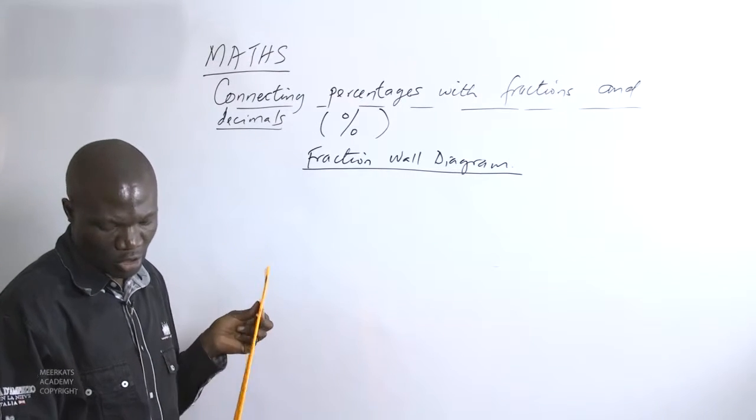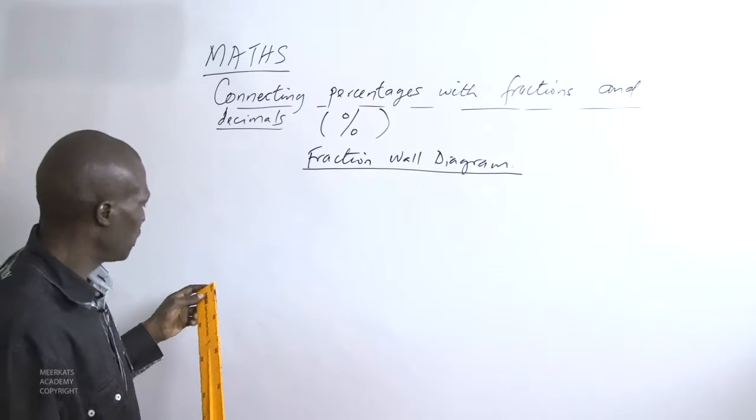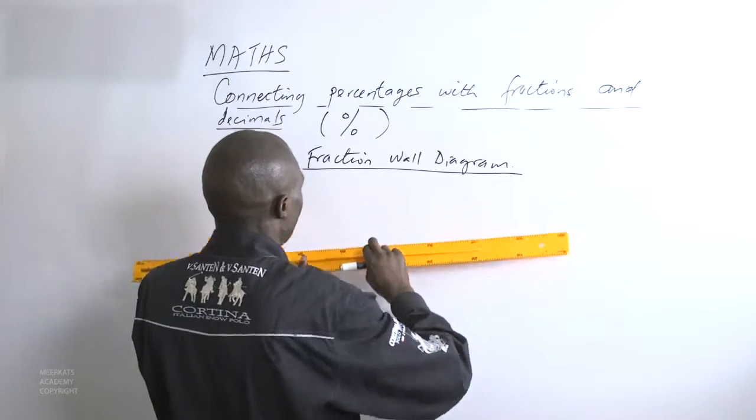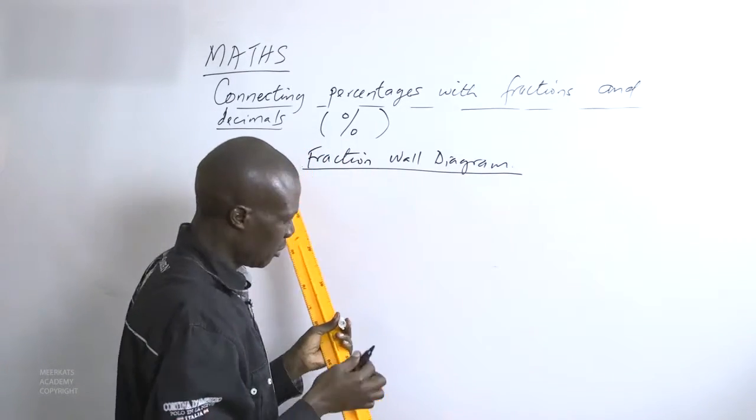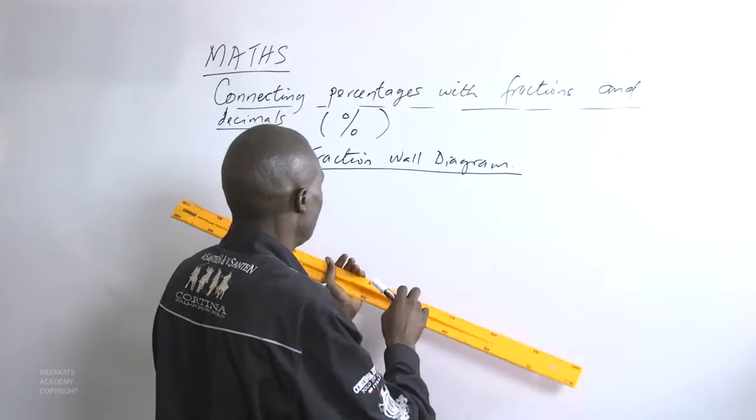Now, a fraction wall diagram is a diagram giving us the measurements.